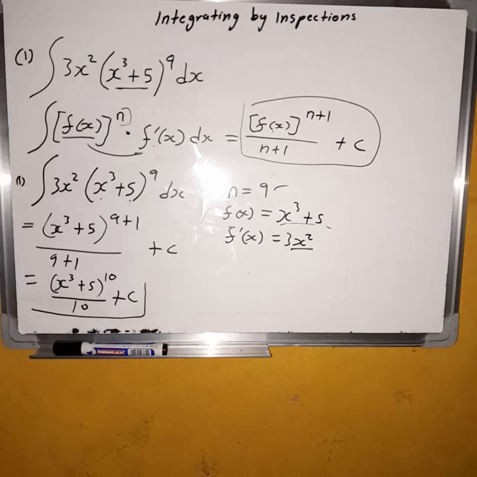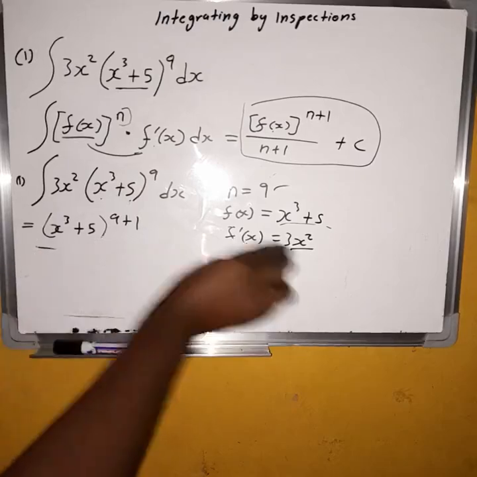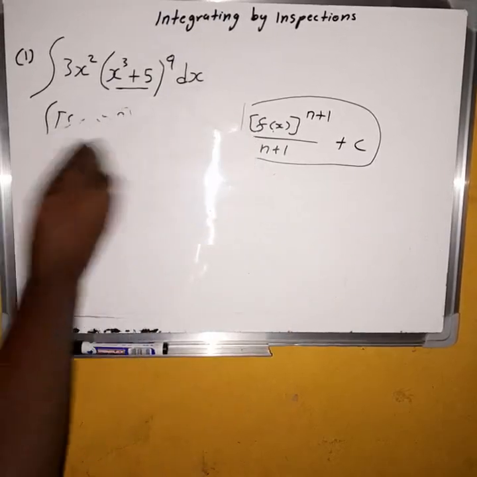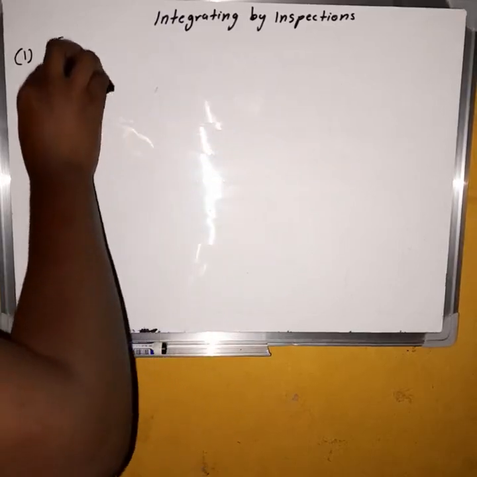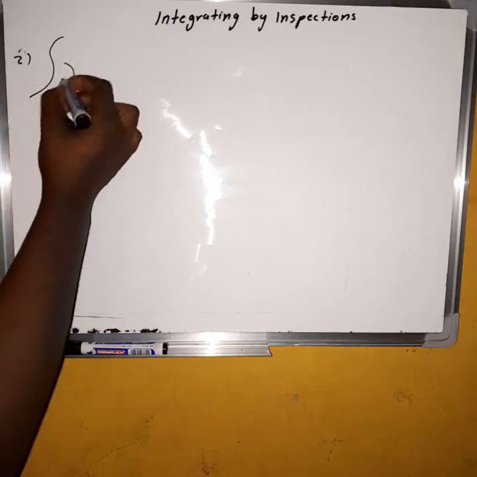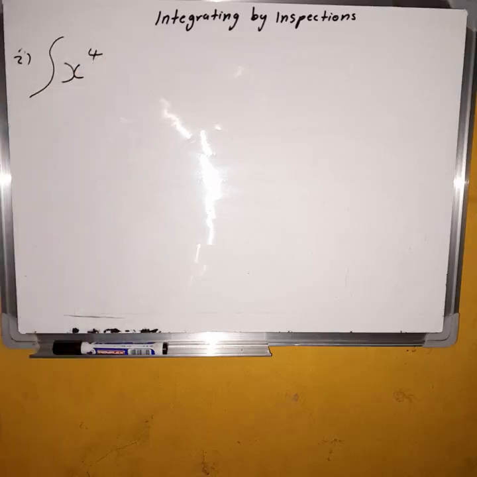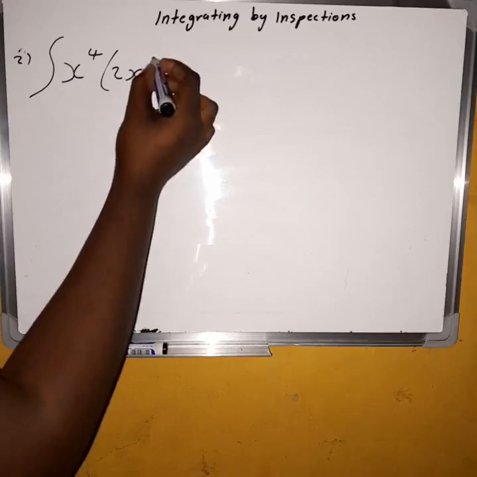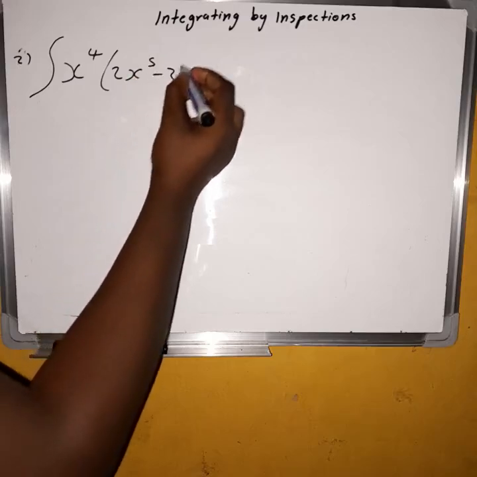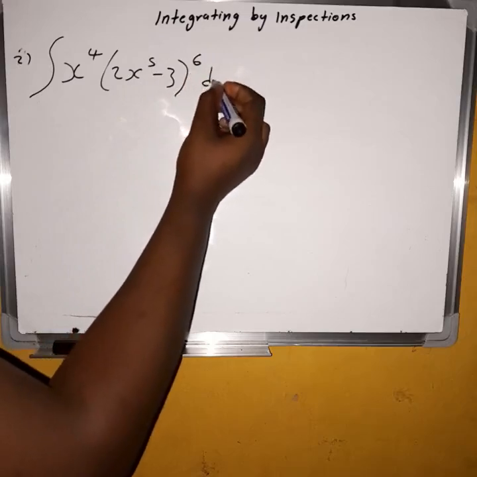Let us try another problem. Number 2: we integrate 10x to the power 4 times (2x to the power 5 minus 3) raised to the power 6, dx.